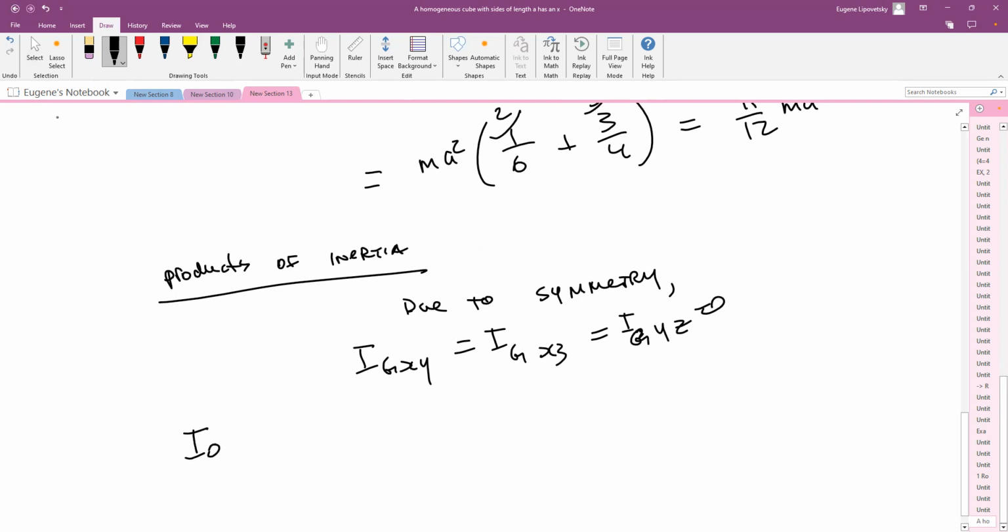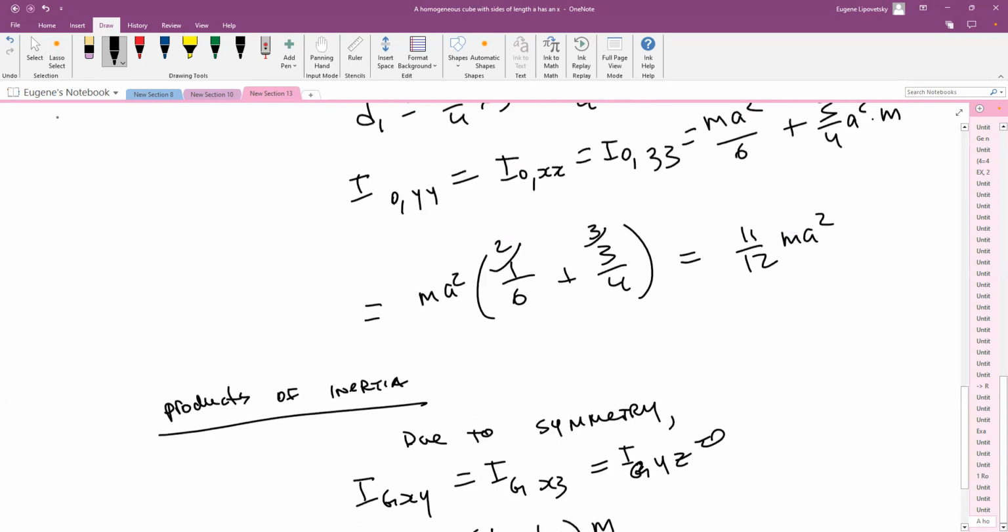But I_O about xy, for example, equals Ig xy plus d1x d1y times the m.